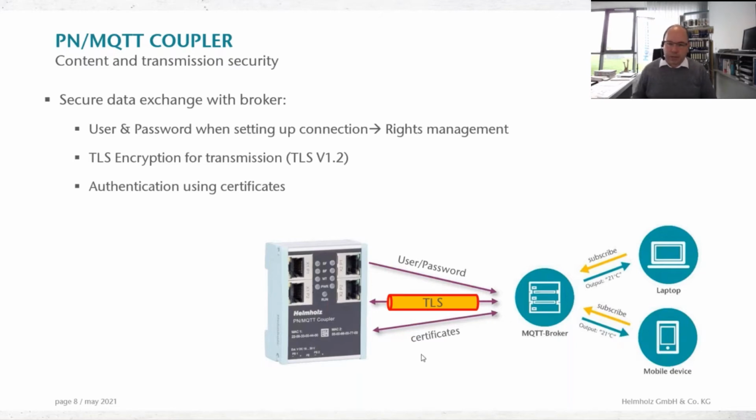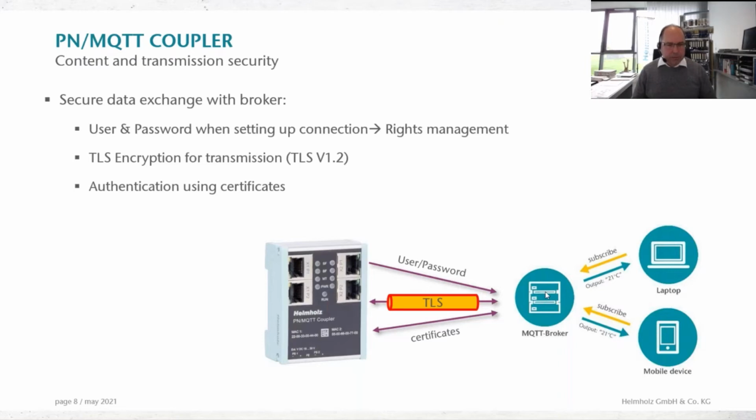So you also exchange certificates between the device and the broker, and this certificate enables the rights management, enables if you can send, publish values, if you can receive values. So this is an actual technology which is used between, for example, an Amazon cloud or complex cloud systems.